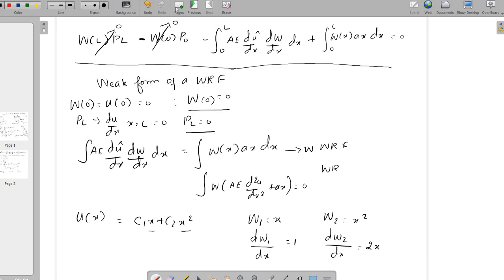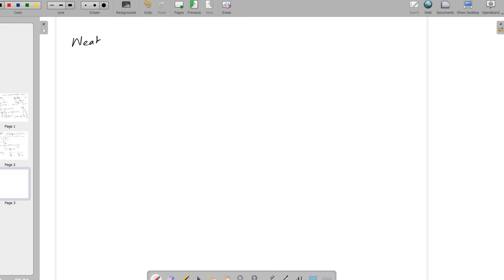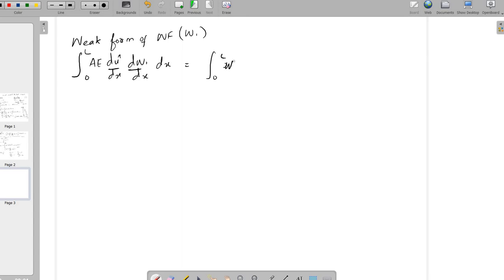The integral from 0 to L of AE du by dx dw1 by dx dx is equal to the integral from 0 to L of w of x, a x dx.